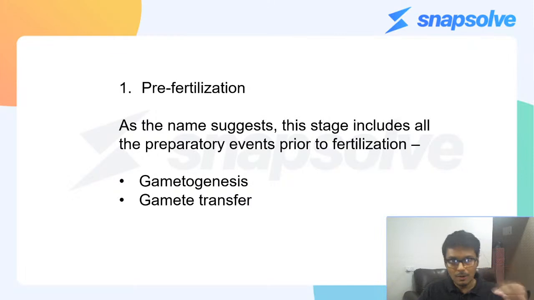This is the first part of pre-fertilization. Gametes are formed first, then the gametes are transferred to the right place. That is called gamete transfer. So these are the 2 things happening before fertilization. Hence these 2 are the pre-fertilization events.